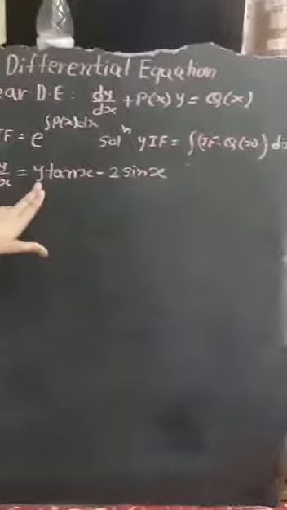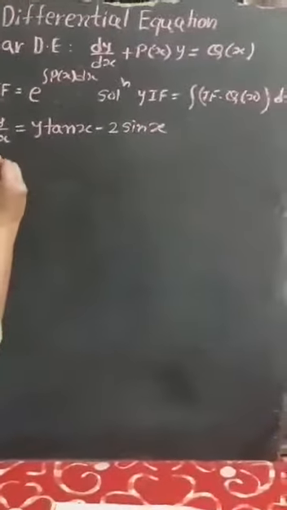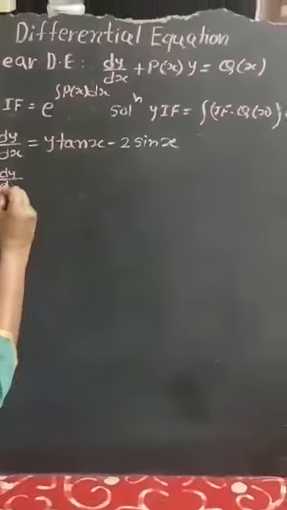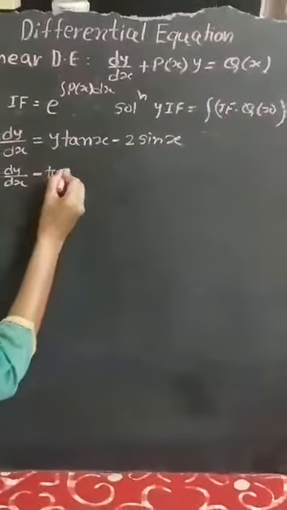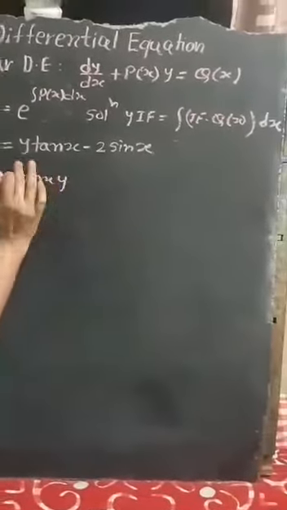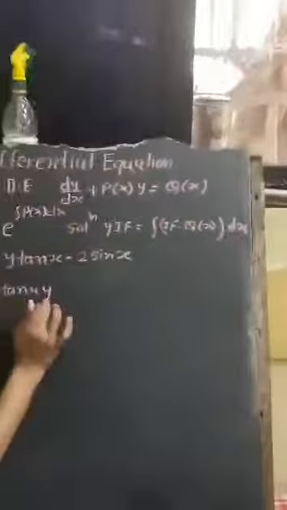So now can I bring it to this form? Of course, whatever is the y, that should be on left side. So I will write this as dy by dx minus tan x into y. Instead of y into tan x, what I have done? I have to bring tan x before, as I want plus P(x) into y.